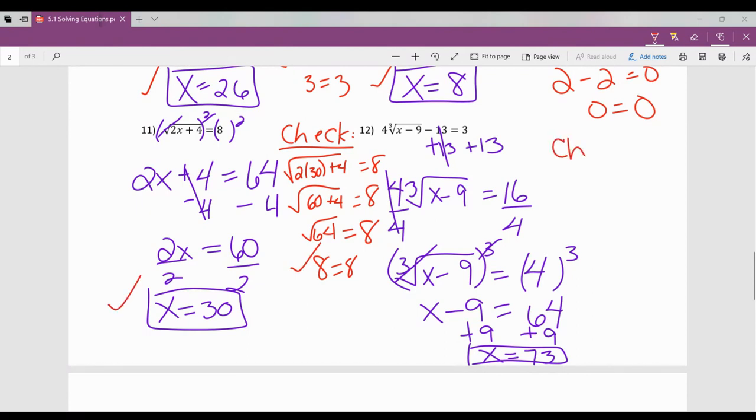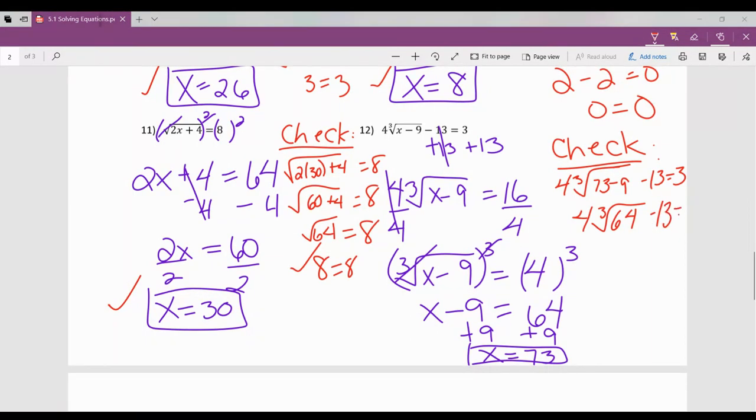Last one, check. So we've got 4 times the cube root of x, which is 73, minus 9, minus 13. Does that equal 3? Okay, there's a lot going on there. So 4 times the cube root of 64 minus 13.